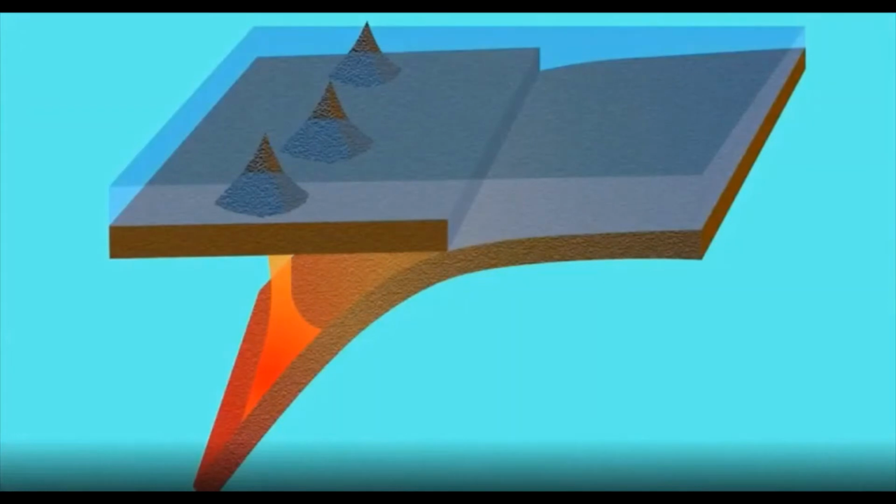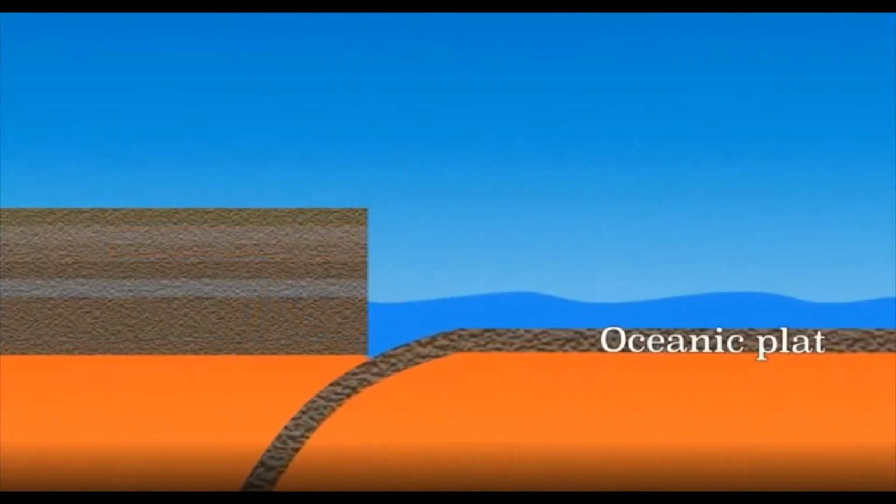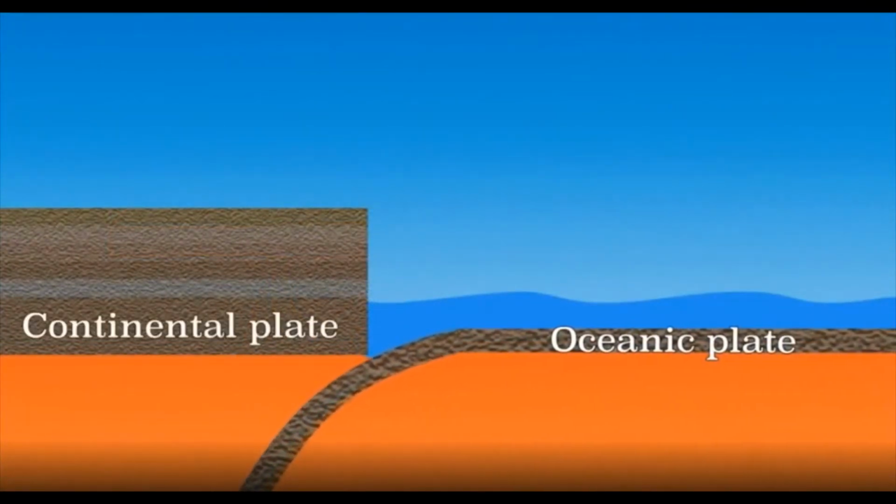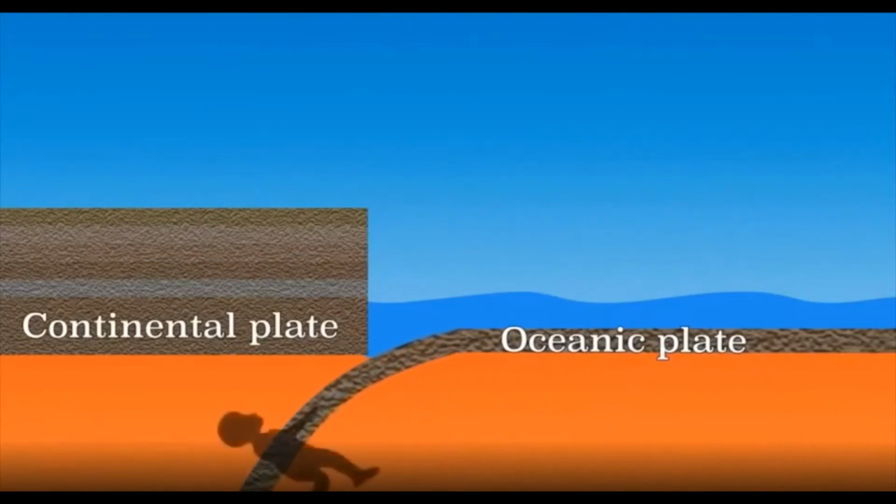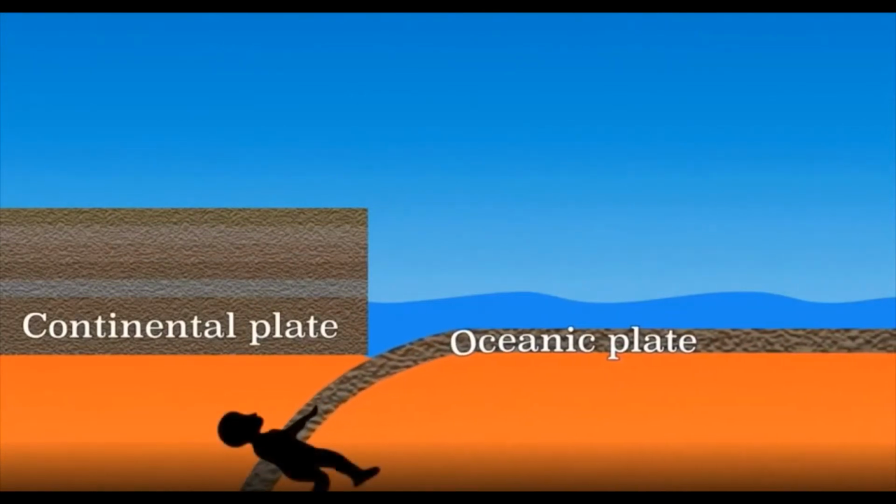Here, when an oceanic plate is involved, one plate will dive below the other, which will result in subduction. The video explains what will happen when two continental plates collide. Suppose there is a subduction zone, as you can see in the video.